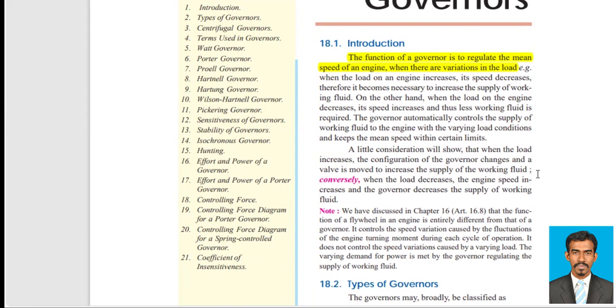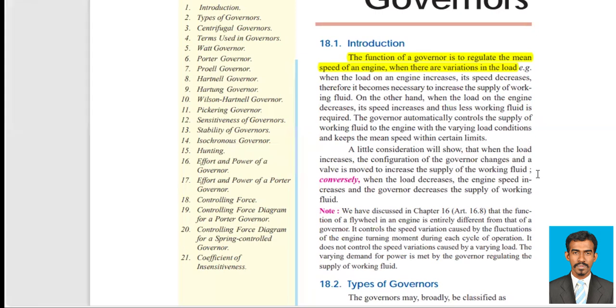A little consideration will show that when the load increases, the configuration of the governor changes and the valve is moved to increase the supply of working fluid. So this is how the functioning of the governor is. The setup is designed in a way that there's a valve which will control the flow of the working fluid.